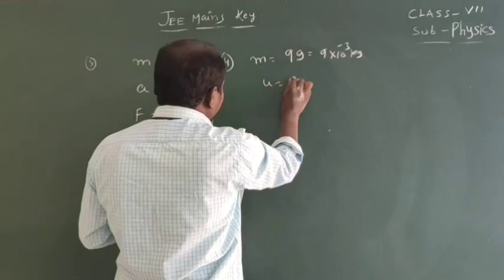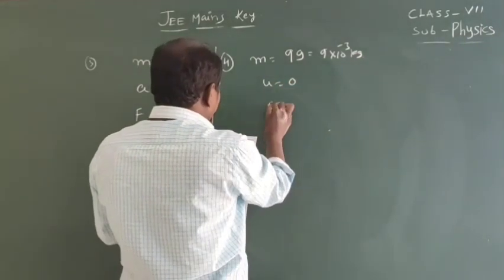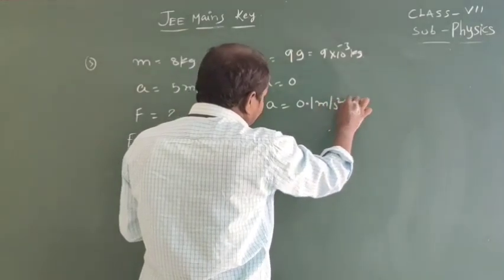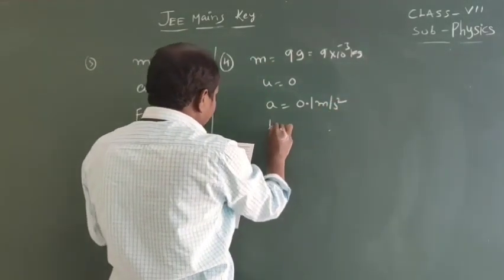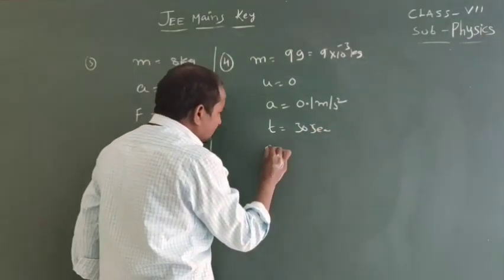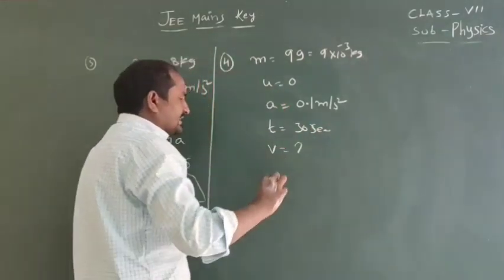Initial velocity u equals 0. Acceleration a equals 0.1 meter per second square. And t is given, that equals 30 seconds. Our aim is to find the final velocity.